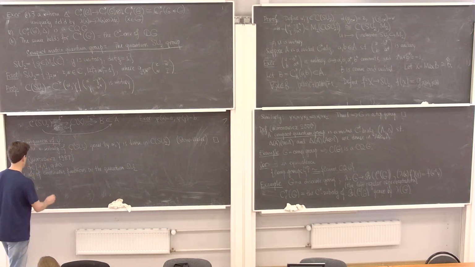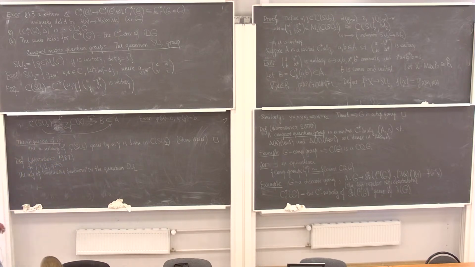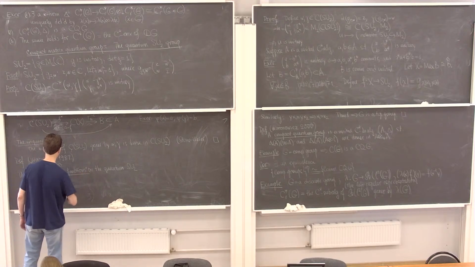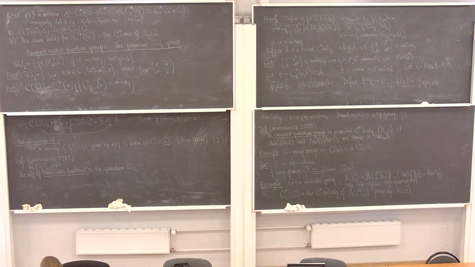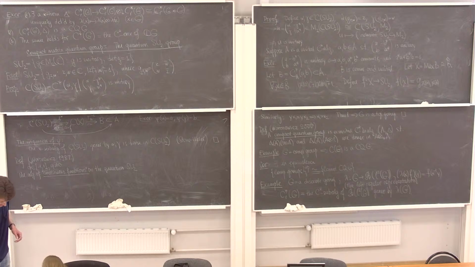Well, let me put the quotation marks here, because of course this algebra is not an algebra of functions, it is not commutative. But here the terminology is inspired by the general philosophy of non-commutative geometry, which states that non-commutative C-star algebras can naturally be considered as algebras of functions on non-commutative compact spaces.